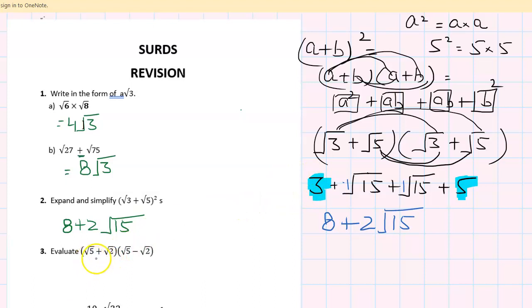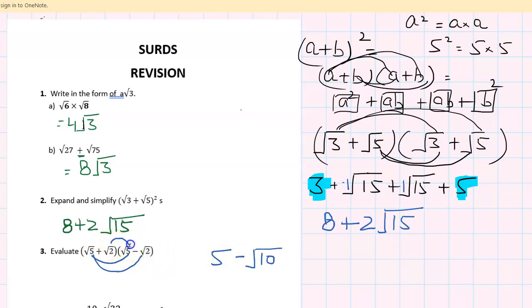Now we are going to apply the same principle in this one. Root 5 root 5 is 5. Root 5 root 2 is root 5 multiply 2 is root 10. But there is a negative sign here, so negative.